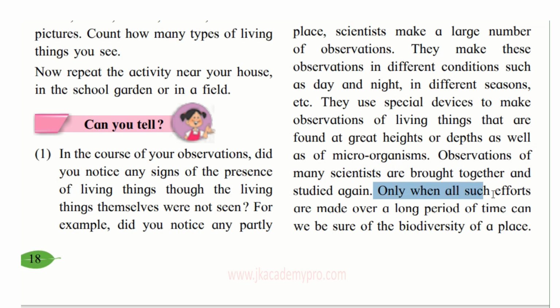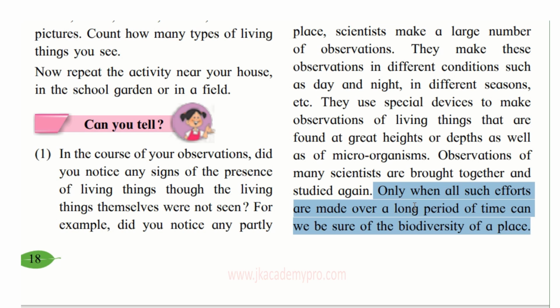And only when all such efforts are made over a long period of time can we be sure of the biodiversity of a place. So the observation is not done for a day or two, or just for a month, or maybe a season or two. No, they will do it for a long period of time. They will do it for a number of years to study the biodiversity of a place.